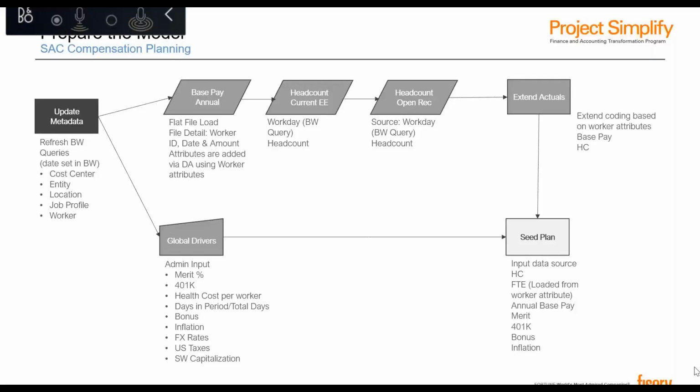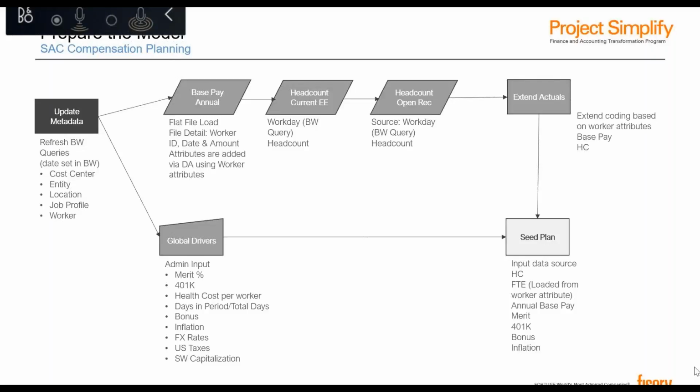Another key input from the planning administrator standpoint are those global driver inputs. This is again one of the key objectives of the project. How do we standardize and make these global drivers central as well as controlled in a way that the corporate or the executive leadership has the ability to apply any changes?